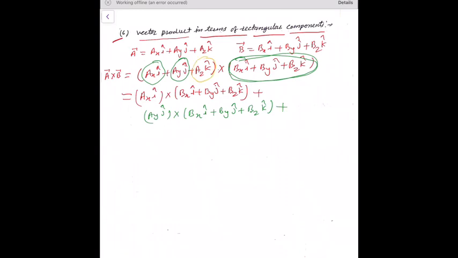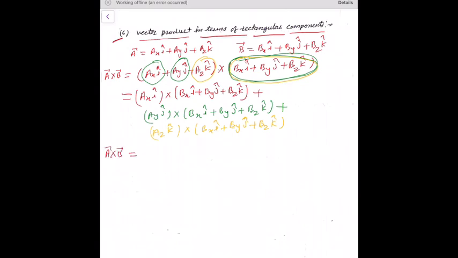Next, plus az k cap cross bx I cap plus by j cap plus bz k cap. So az k cap cross bx I cap plus by j cap plus bz k cap.